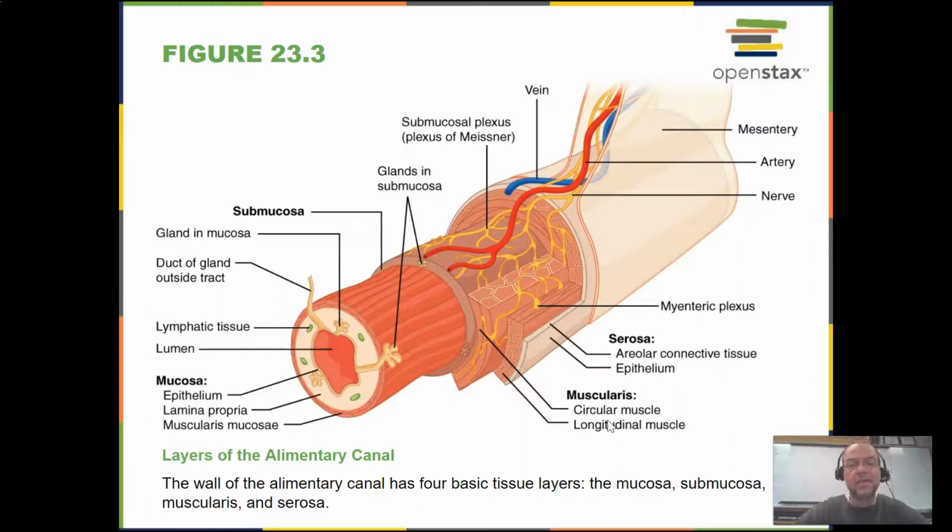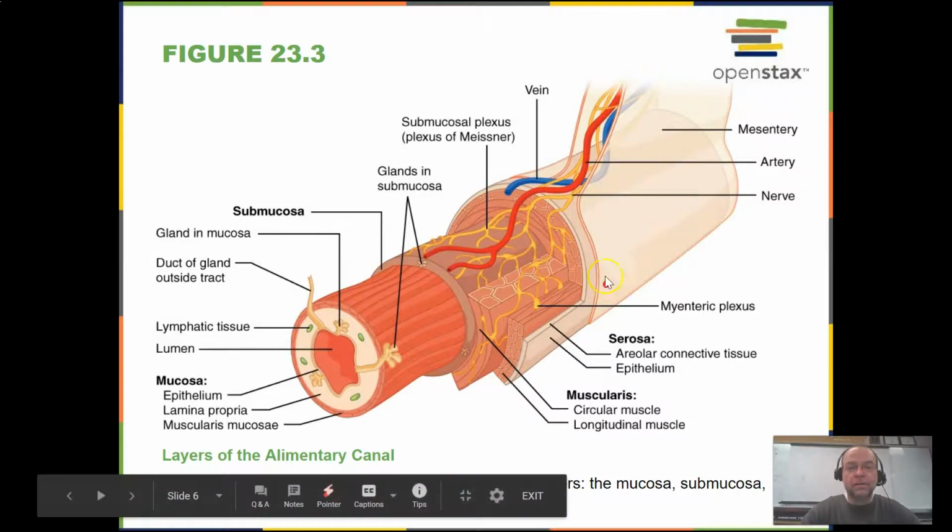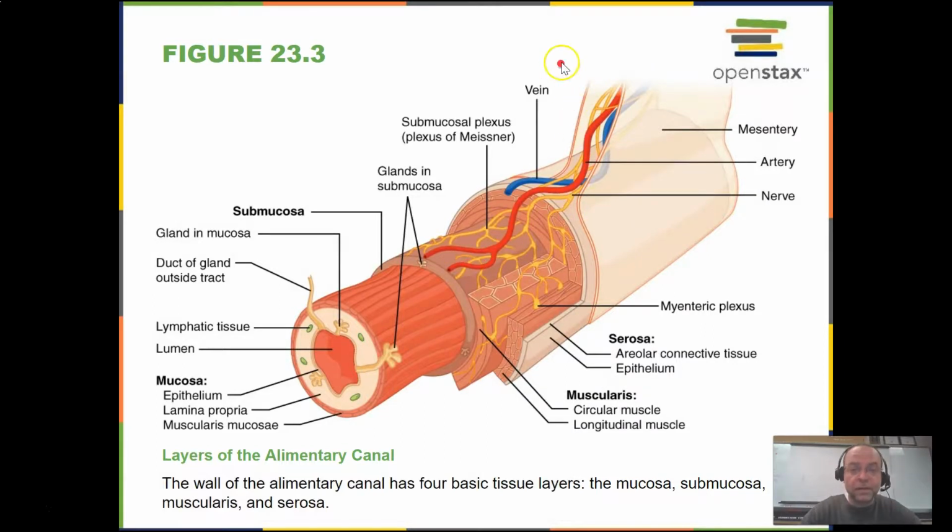And the last layer is the serosal layer, and that's the outermost layer. You'll notice that there are nerves, arteries, and veins going into these layers here. And that's for a variety of reasons. One of the main reasons, as we already discussed, was to provide your entire alimentary canal with nutrients and also control.